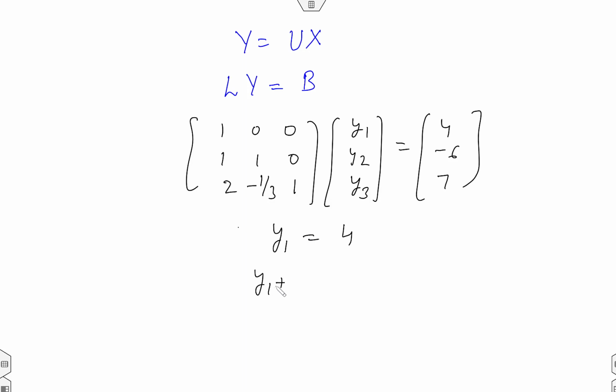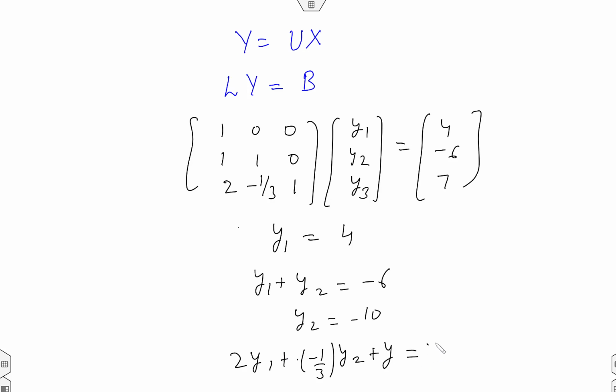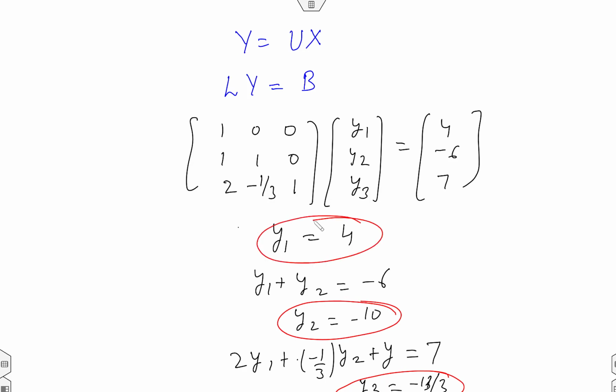From the second row, y1 plus y2 equal to minus 6, so y2 comes out to be minus 10. Now 2y1 minus 1 by 3 y2 plus y3 equal to 7, and we get y3 as minus 13 upon 3.